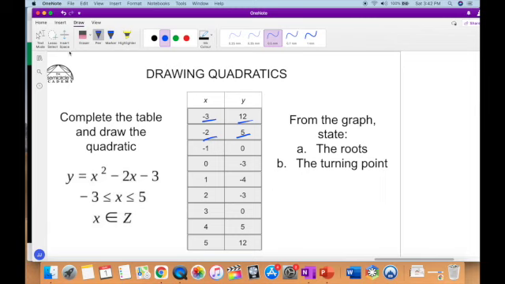Now, I do all of the work for you, eh? Normally, a question would just give you this. So look at this. The question is, they give you this quadratic equation and they give you this domain where x is between -3 and 5. And they tell you to not sketch, draw. Right? That is the difference. So when they tell you to draw, you have to do a table, do up a set of points.